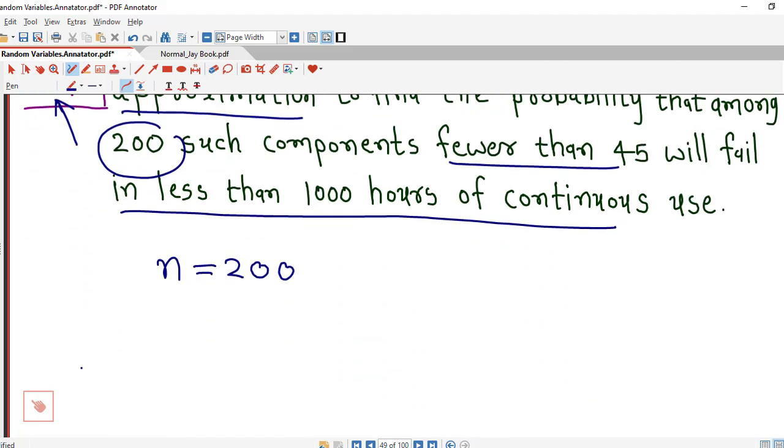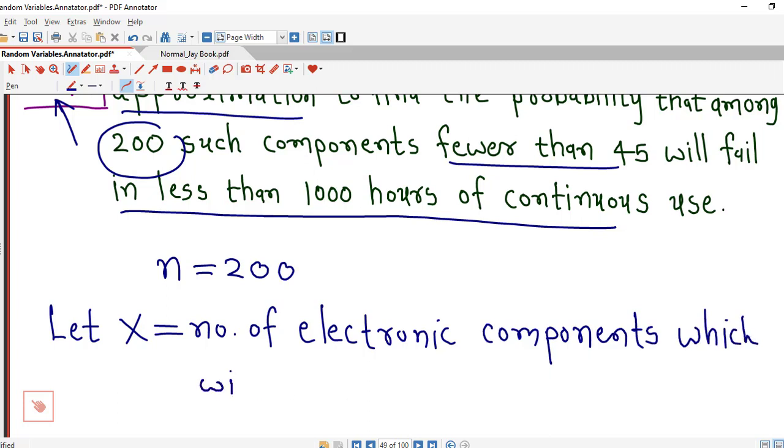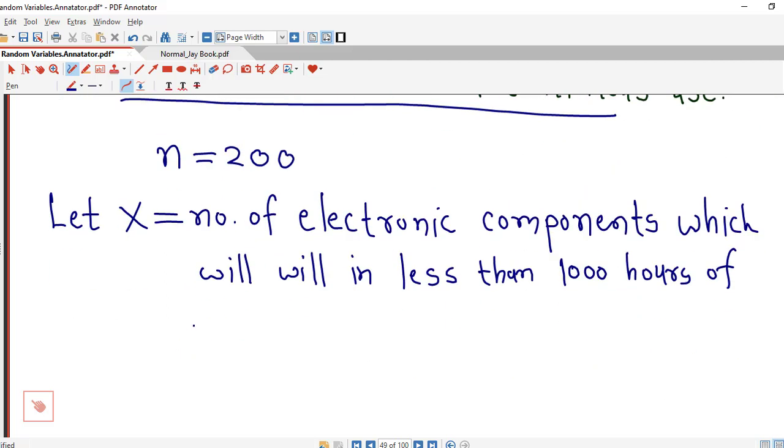So we first define the random variable capital X as the number of electronic components which will fail in less than 1000 hours of continuous use.